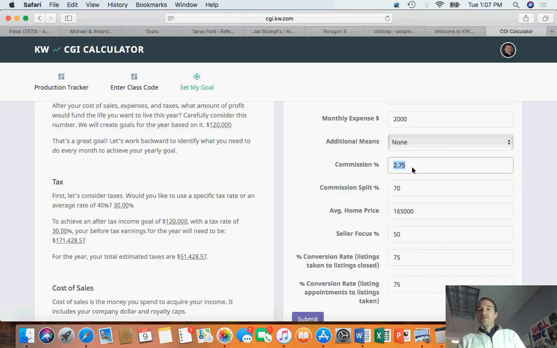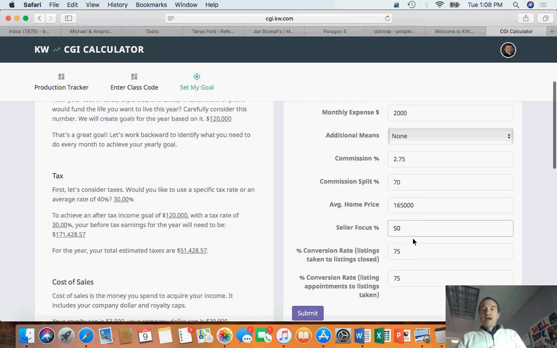I put 2.75%, in between 2.5 and 3. What's your commission split? Are you on a 70% split, or if maybe you've capped already, you could change that to 100%. Average home price, of course, is going to vary depending on your location and the neighborhoods you primarily focus on. I just have $165,000 for average here.